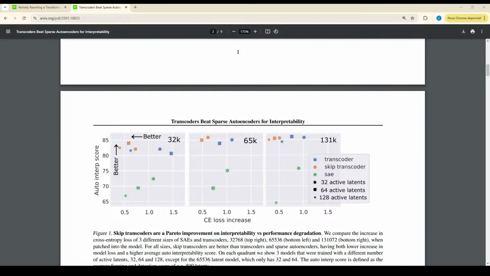For instance, Bart, the one who a few weeks ago talked about matryoshkas, mentioned in the Mech Interp Slack that his matryoshkas are getting bad auto interp scores even though he thinks they are interpretable.